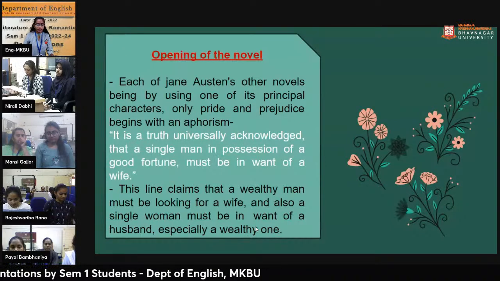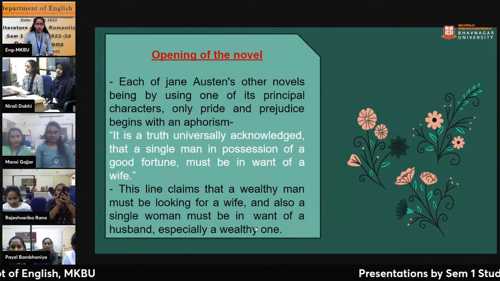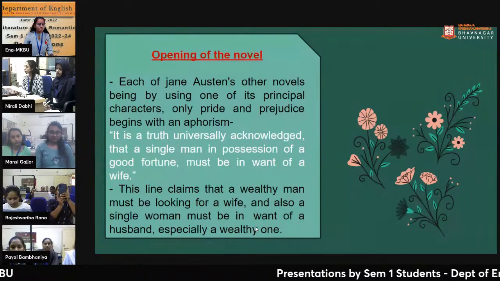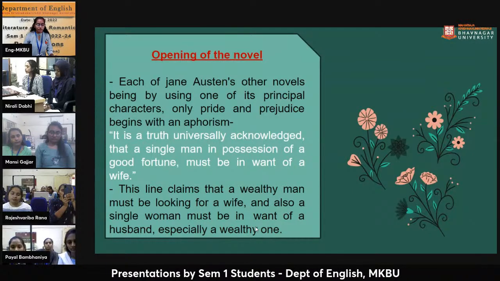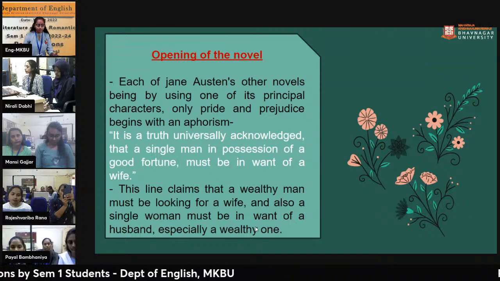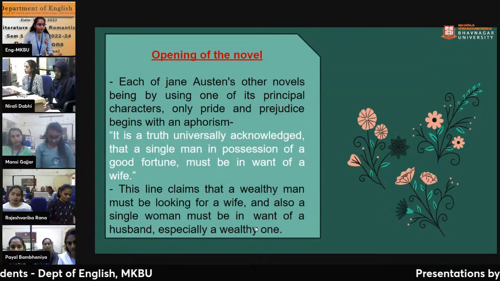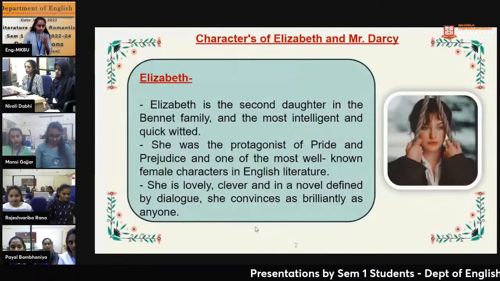This line claims that a wealthy man must be looking for a wife, and also a single woman must be in want of a husband, especially a wealthy one, so that she can become financially independent.